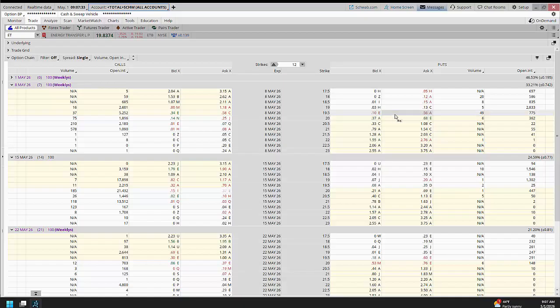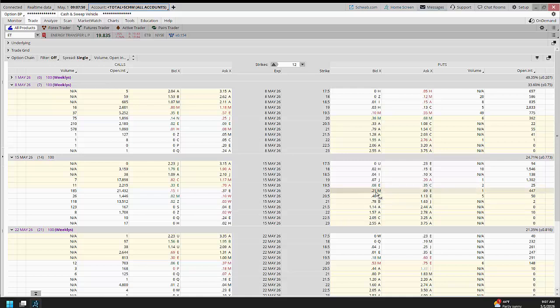The bid ask spread at this point is 10 cents by 56 cents. But if I go out an extra week, so I get even more time, that bid ask spread is 8 cents by 35 cents.